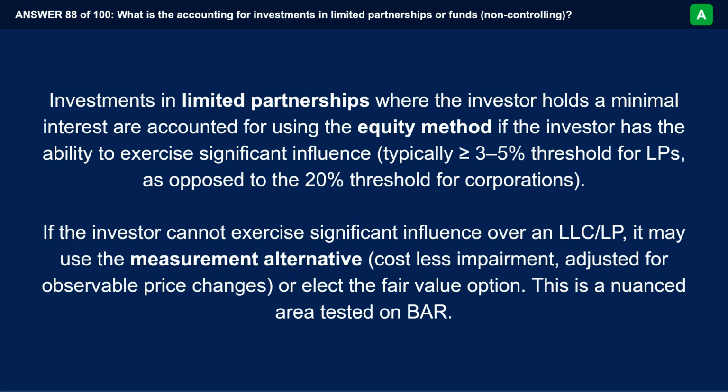If the investor cannot exercise significant influence over an LLC or LP, it may use the measurement alternative, cost less impairment, adjusted for observable price changes, or elect the fair value option. This is a nuanced area tested on the exam.